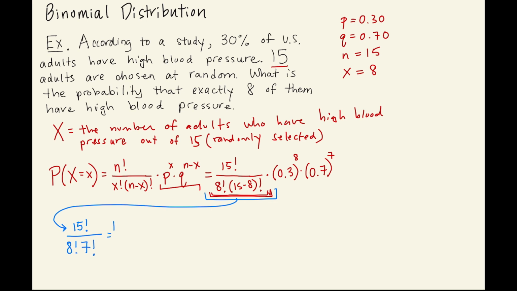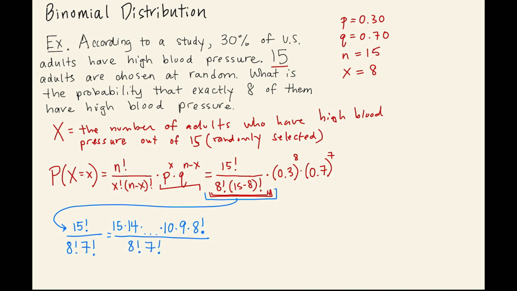And remember that 15 factorial is equal to 15 times 14 times 13, etc., all the way down to times 10 times 9, and then times 8, 7, 6, 5, 4, 3, 2, 1. So I'm just going to write that as 8 factorial because I can see in the denominator I also have 8 factorial.